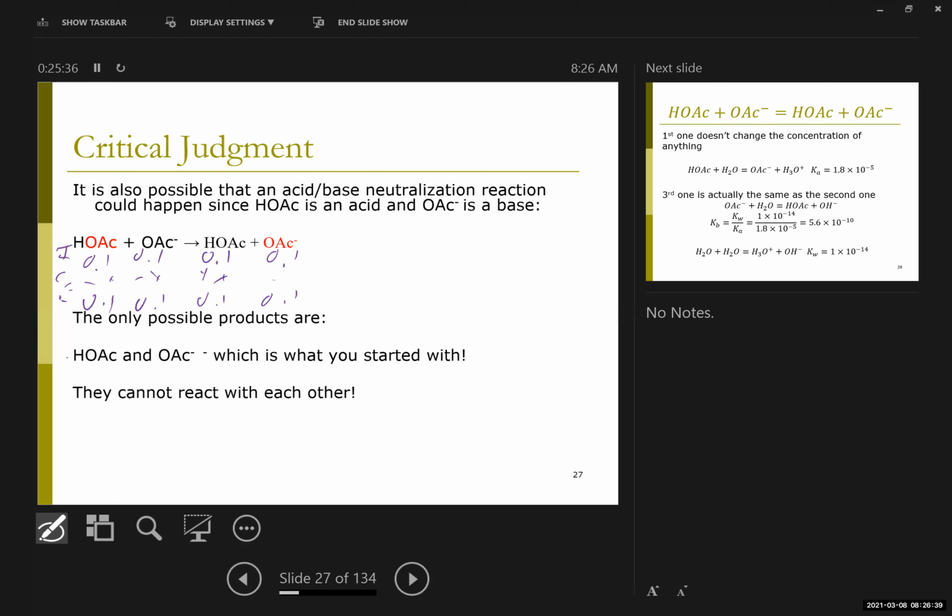If I could label them, in this case, I labeled them with red color, but I could isotopically label an acetate. And if I followed it, I would see protons jumping on and off it. But the total concentration of acetic acid and the total concentration of acetate never changes, because every time one of the acetates gets a proton, one of the acetic acids loses a proton.